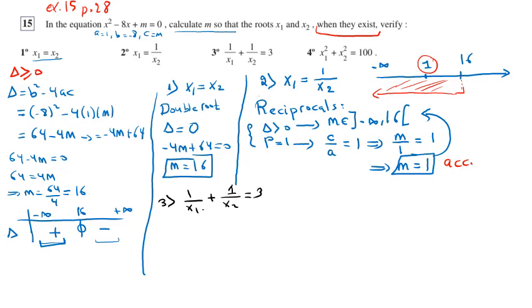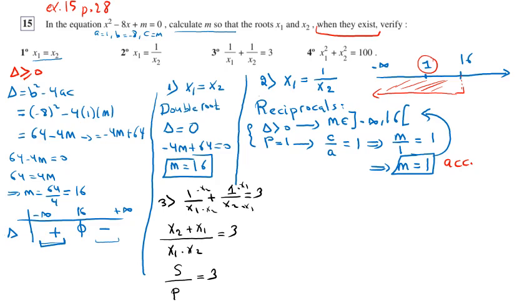We can multiply first one by x2 and second one by x1 to get the same denominator. Here we will get in the denominator x1 times x2, and in the numerator x2 plus x1 equal to 3. x2 plus x1, which is s, over x1 times x2, which is p, equal to 3.